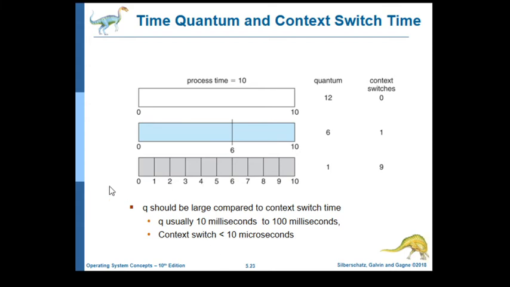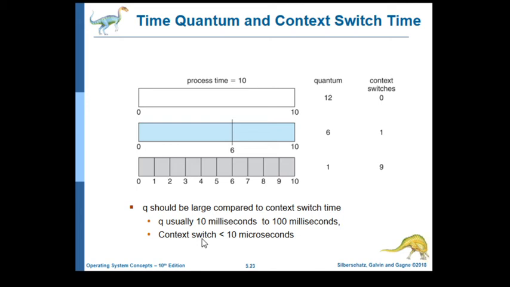Thus, we want the time quantum to be large with regard to the context switch time. In practice, most modern systems have time quanta ranging from 10 to 100 milliseconds. Thus, the context switch time is a small fraction of the time quantum.